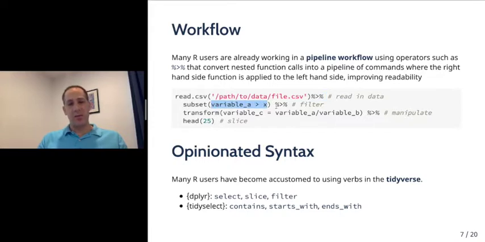That output then has columns added to it through variable C, and the first 25 rows are being kept. So in many cases, for a large workflow, a pipeline is easier to read across multiple people, especially people who aren't that well versed in base R.